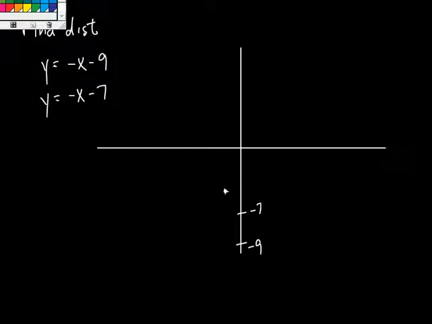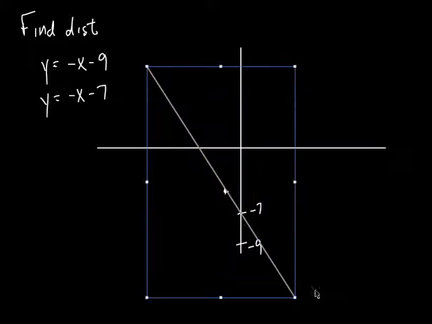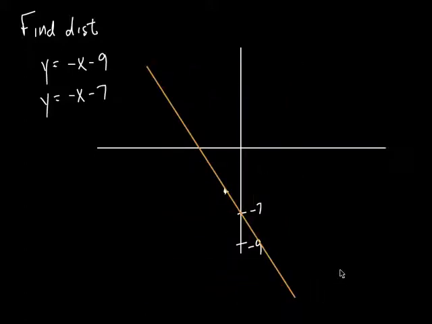Let's do a different color. Somebody said orange before. Okay, we'll do orange. I don't know if it shows up very well. Remember how to do this. There we go. And it's got the same slope, right?